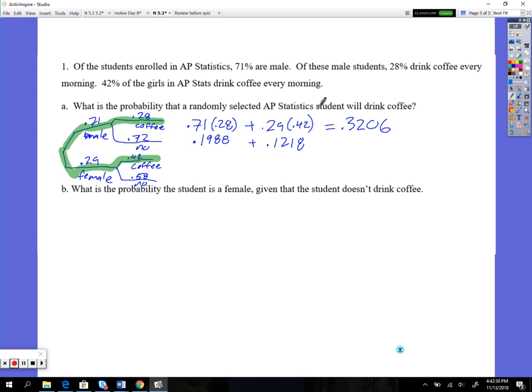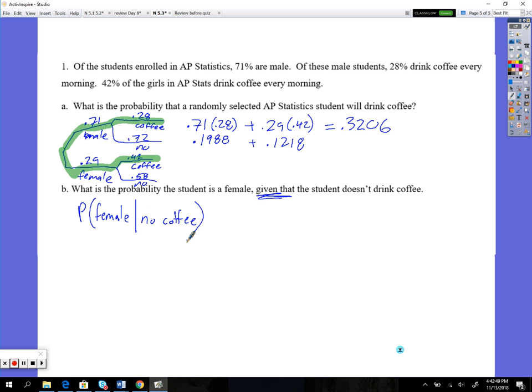So the last question is, what's the probability the student is a female given that the student doesn't drink coffee? So now this is a given situation. So you need to understand that this is now asking probability of female given no coffee.